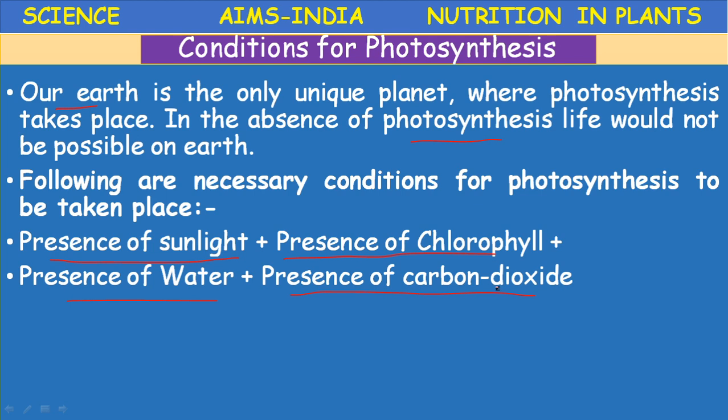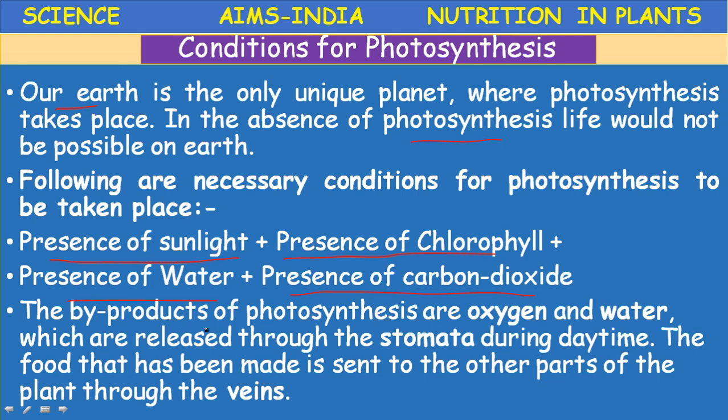There are 4 main conditions necessary: sunlight, chlorophyll, water, carbon dioxide. These are the 4 necessary conditions in order to undergo photosynthesis.